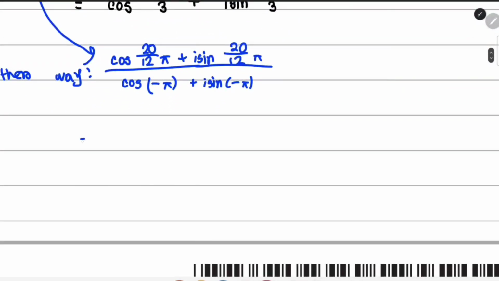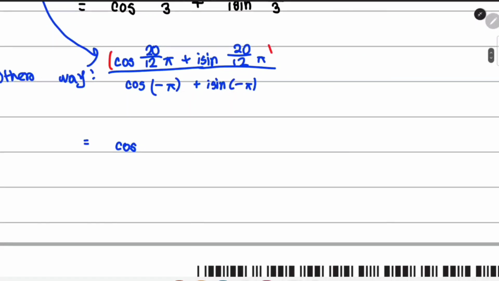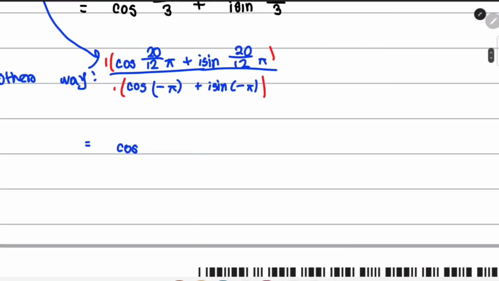So now we'll divide complex numbers in their polar form, and if you do this, this 1 and 1, these are the magnitudes. So r cos theta plus i sine theta.